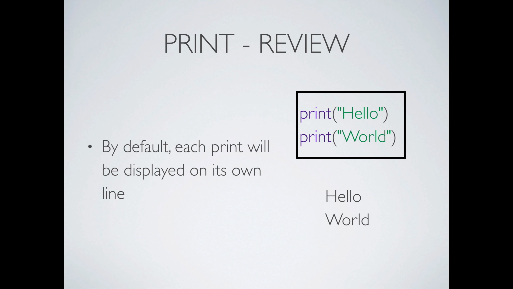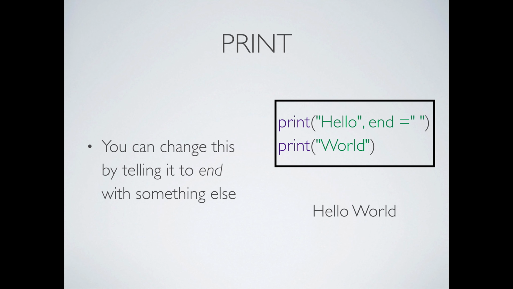Alright, you can change this. Alright, so let's say you have multiple print statements and you don't want them to all be on their same line. So to change it, you add this extra end equals inside of your print statement.